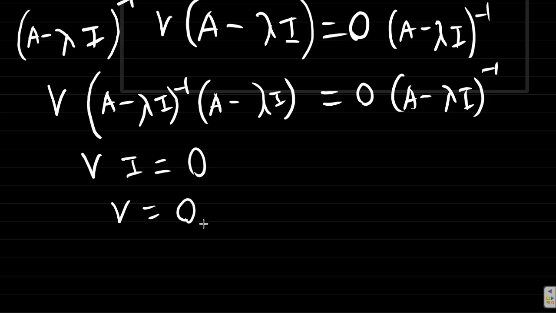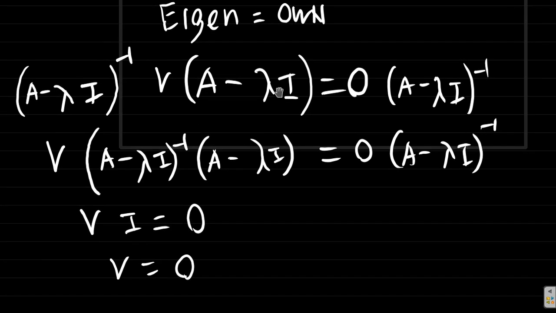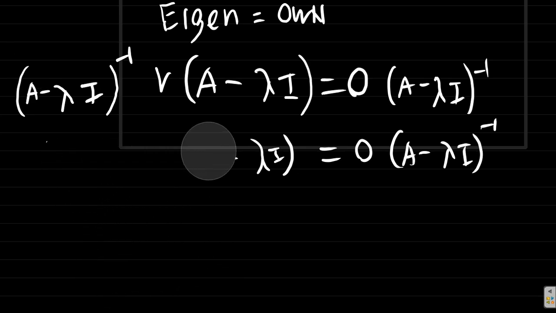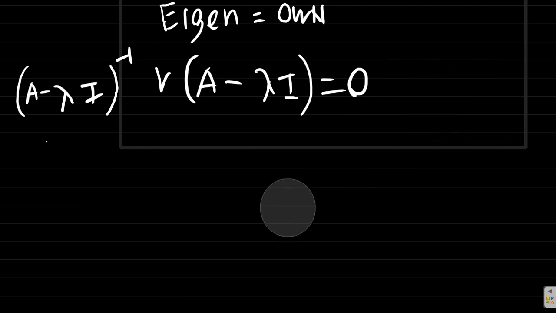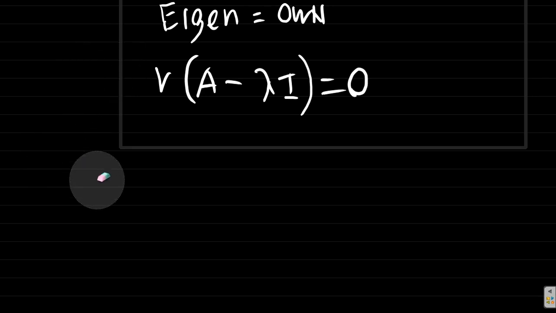But that cannot work because it should be a vector that is not equal to 0. So therefore, A minus lambda I should not be invertible. Right? You should not be able to find the inverse of A minus lambda I.